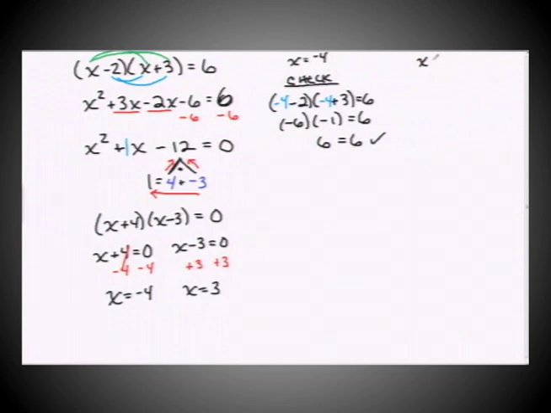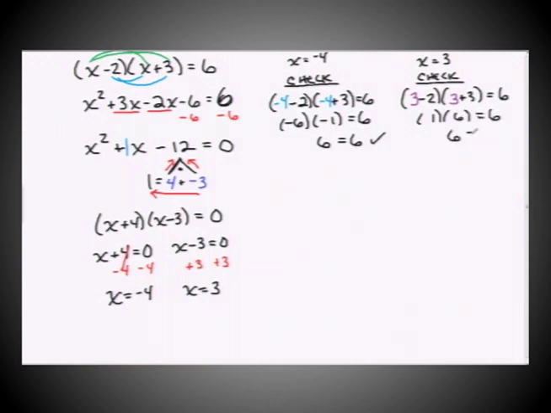Now let's check x being 3. So once again, we start back with our original equation, (x minus 2) times (x plus 3) equaling 6. And this time I plug in our potential solution of 3. 3 minus 2 gives 1. And I multiply that by 3 plus 3, which is 6.